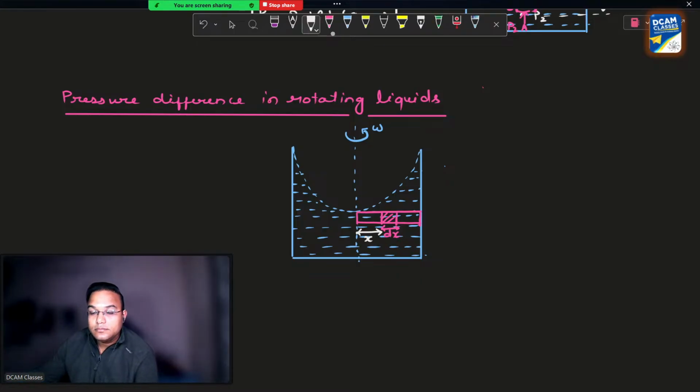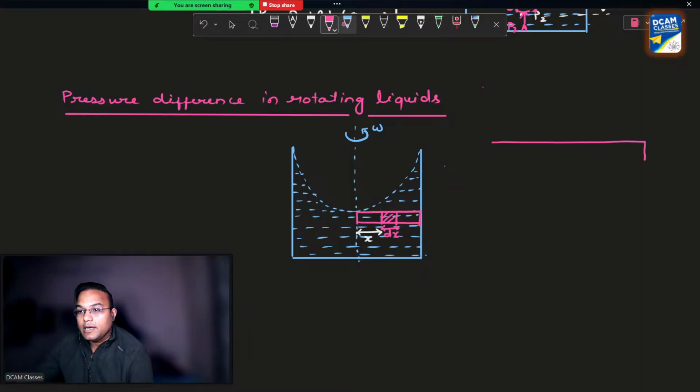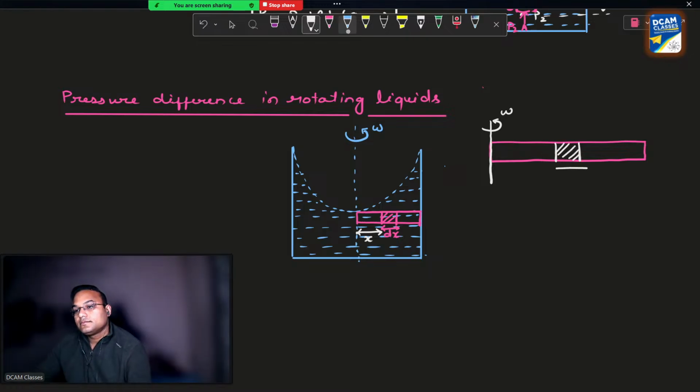Let me draw it here for proper analysis. This is your center axis, it's rotating like this. This is our elemental section. Let's say its length is dx and its cross section area is A. It is at a distance of x units.